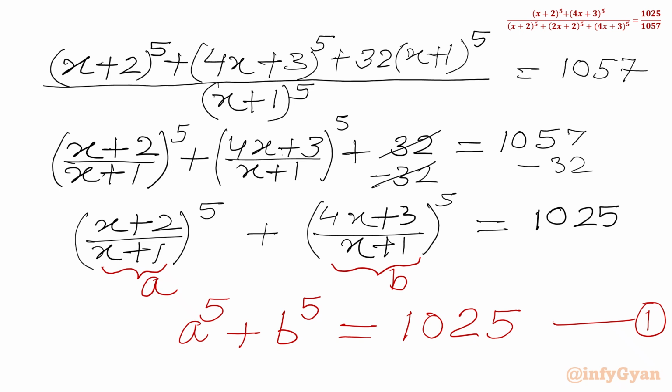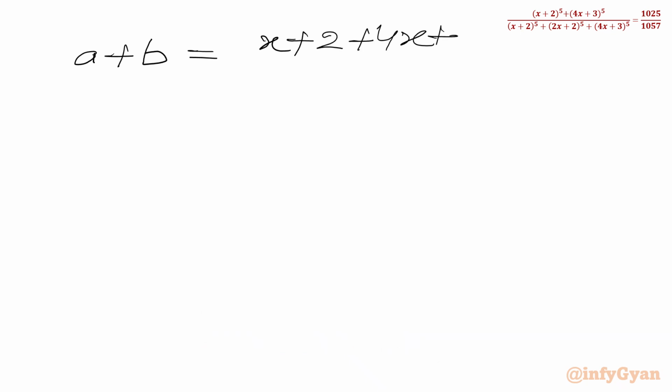Now we will find A plus B value. So we will write x plus 2 plus 4x plus 3 in the numerator, as denominators are same, x plus 1. So we will write A plus B equal to (x plus 2 plus 4x plus 3) in the numerator, and in denominator it is x plus 1.